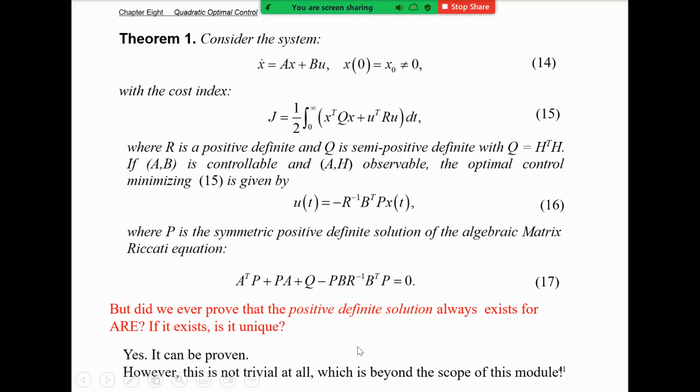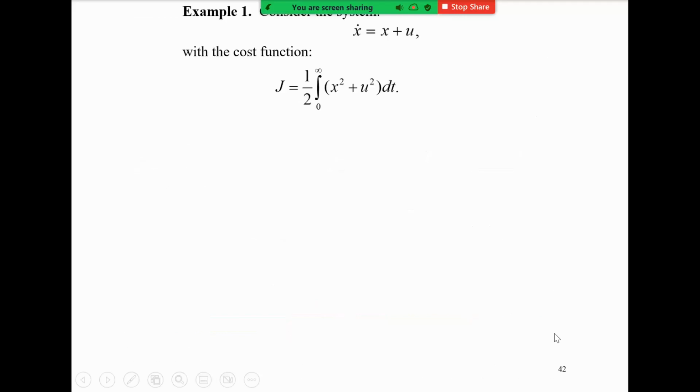Of course, the mathematicians have already proven that, but we don't have the time to prove that in the class. That will be more involved. So just have to believe me, right? This subject has been studied for a long time. So there is only one solution for P.